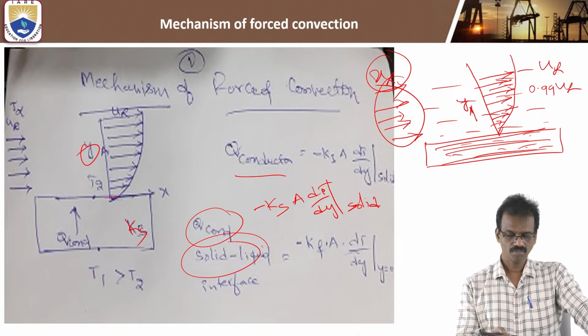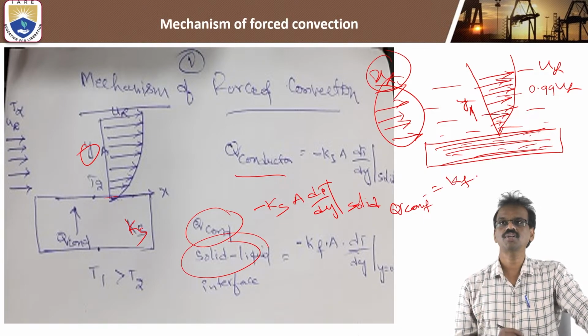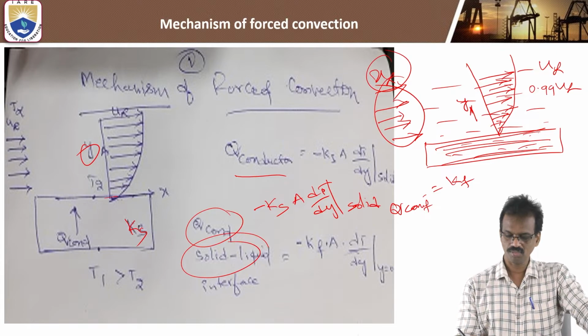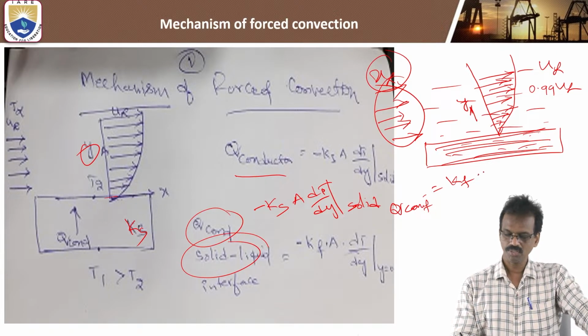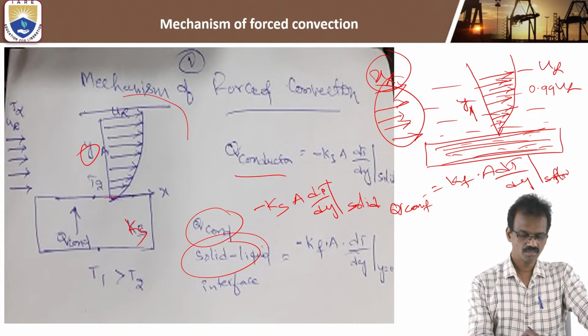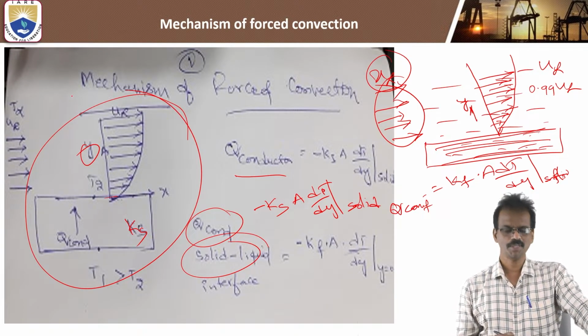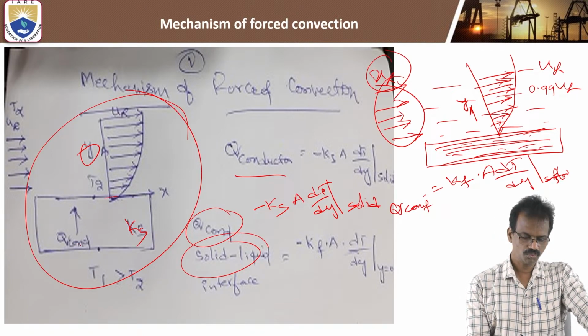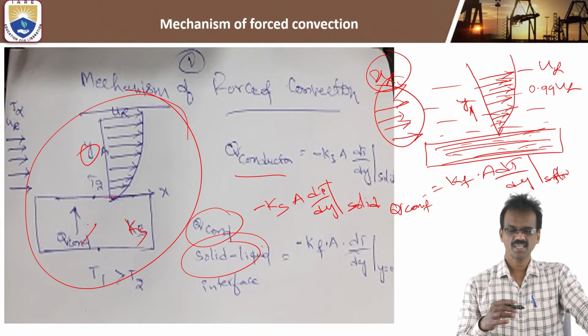So we can read it like this: q conduction for the fluid is equal to kf, the thermal conductivity of the fluid. It is very small, but you have to consider it. So kf into area of the solid surface into dT by dy at the solid-fluid interface. So in this case, heat transfer takes place first through the solid body by conduction.